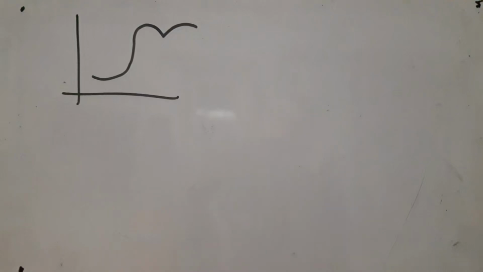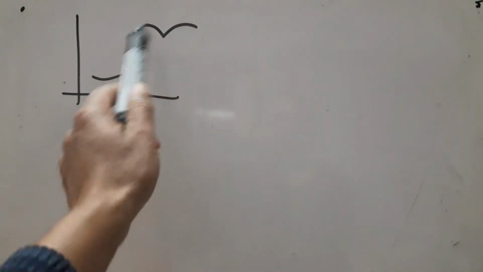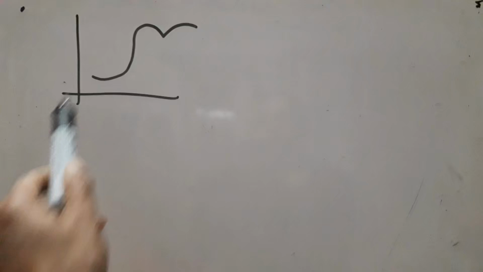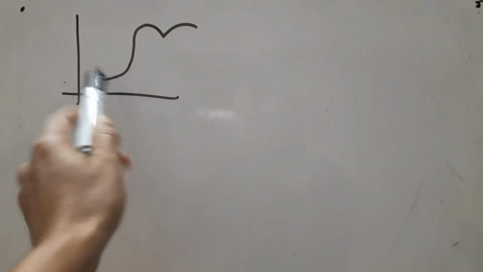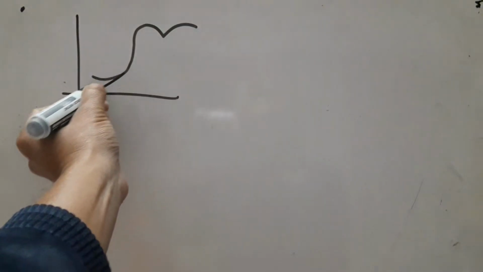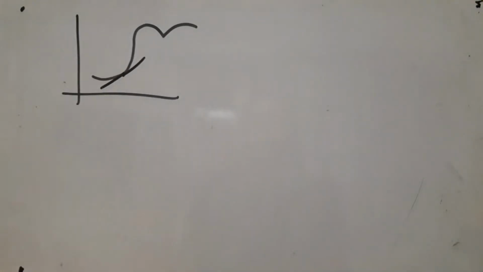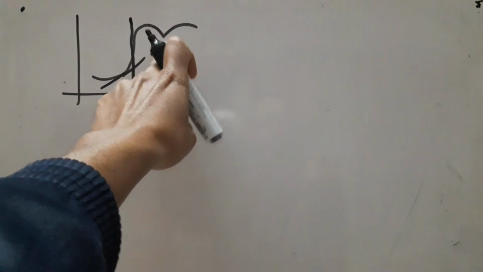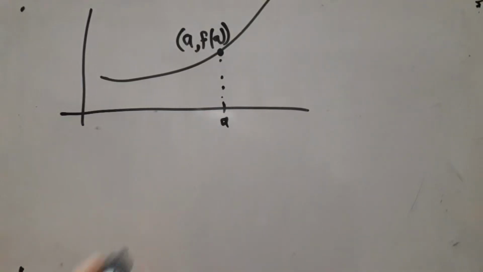In the univariate case, we say that a function is differentiable at a point if in the graph it is smooth, which means that if you look locally, it looks like a straight line, and that straight line is not vertical like this. Here it does not look smooth, there is a corner, so it is not differentiable there. I have taken a point a and here is the corresponding point.